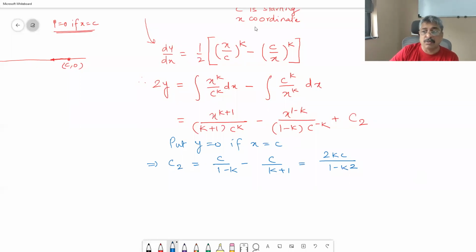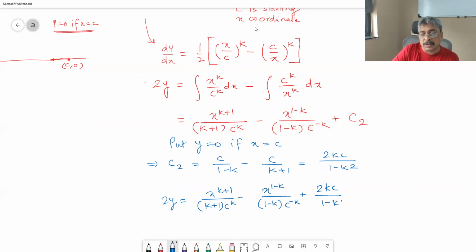That is what we are asked to do: trace the path of the fox. 2y is equal to x raised to k plus 1 upon (k plus 1) c raised to k, minus x raised to 1 minus k upon 1 minus k, c raised to minus k, plus 2kc upon 1 minus k square. This is the curve which the fox will follow.